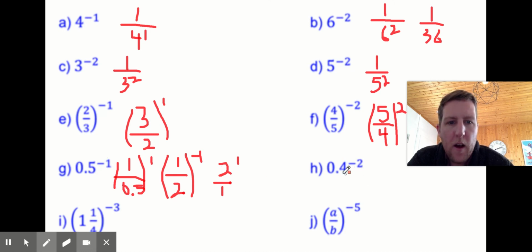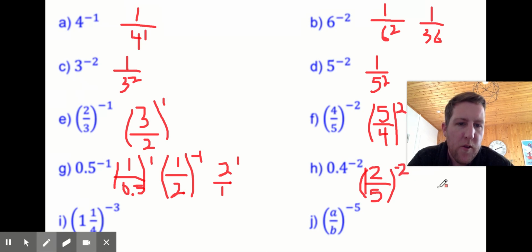0.4 as a decimal is 2 over 5. You should know that from the last unit we did. So 2 over 5, oops, that's meant to be a bracket, like this, to the power of negative 2. It simplifies to 5 over 2.